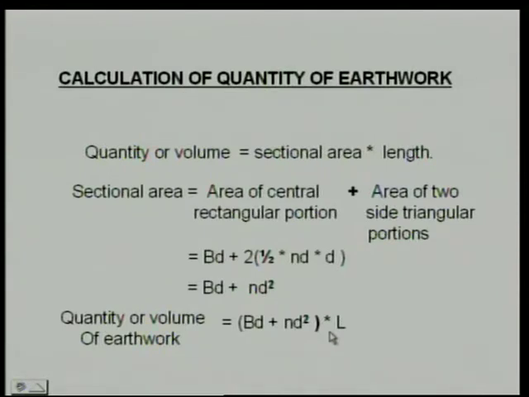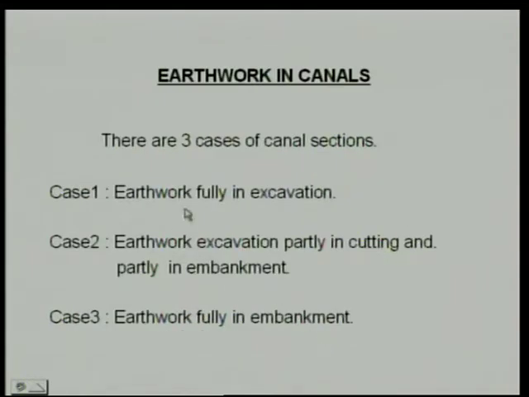Now, let us see the cross section of a canal, that is, the earthwork in canals. As we have seen just now, the cross section of a road in cutting or in banking. Now, let us see about the canal sections. There are three cases for canal sections.